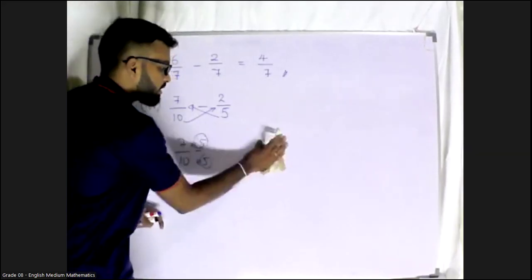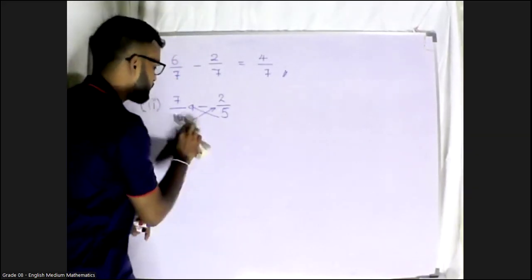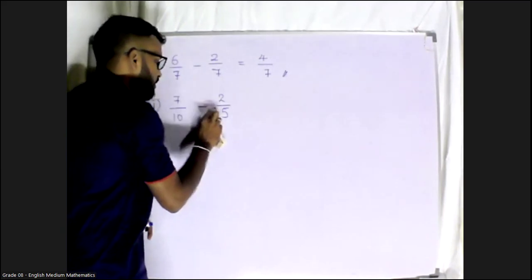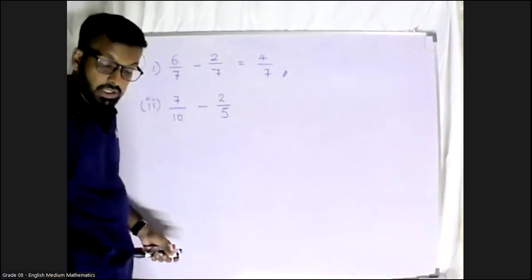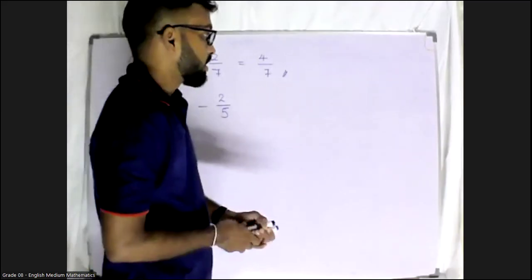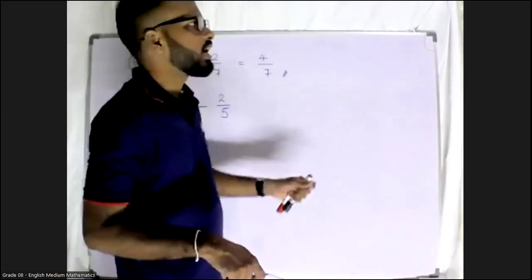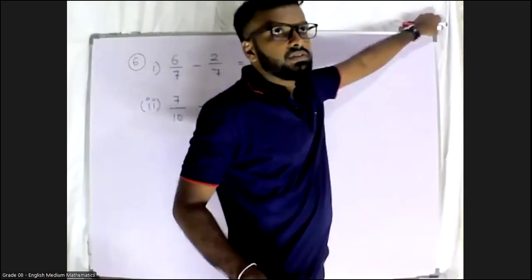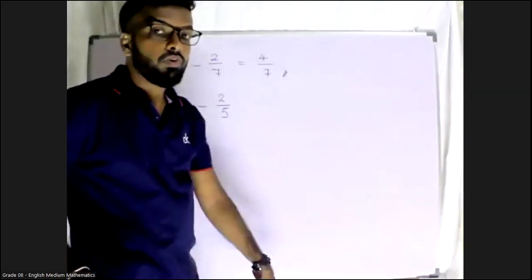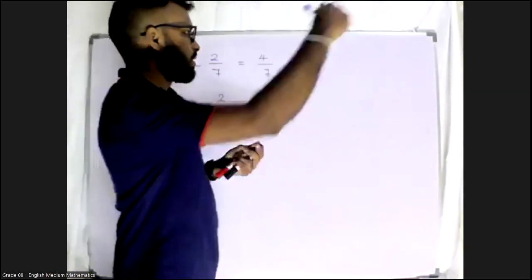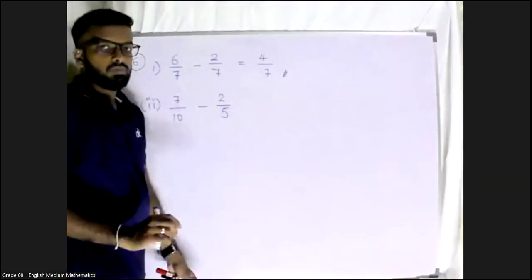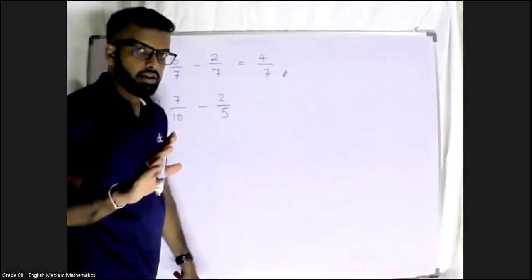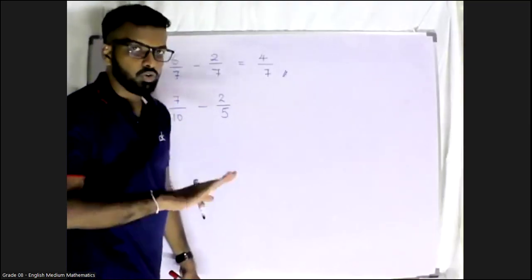You need to find the LCM first, the least common multiple. I think you are familiar with that, and last week we also did several examples of how to find the LCM. So I will find the LCM for this 10 and 5 by looking at this. You can easily understand what should be done.